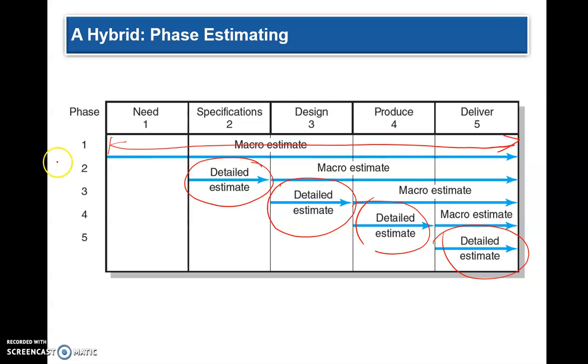And then phase by phase, you're going to have detailed estimates, and a set of macro estimates. So you're going to detail it for one particular section and use the rest for the macro estimate, and so on and so forth. So that's how the hybrid or the phase estimating is done.